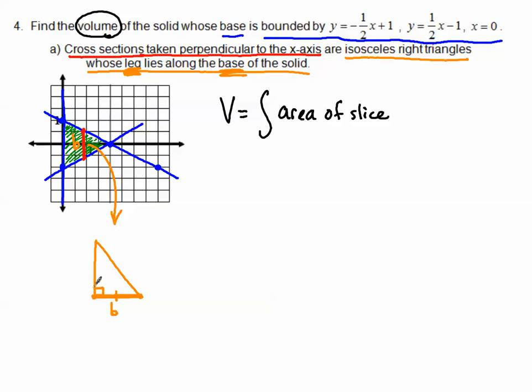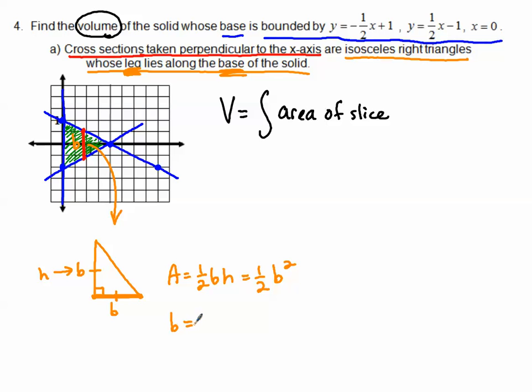And that means this side is congruent to it because it's an isosceles right triangle. Now, if I need the area of the slice, I remember a triangle's area is 1/2 base times height. Because the base and the height are the same, since it's isosceles, I can simply write 1/2 base times base, or base squared. That's because the height is the same as the base.